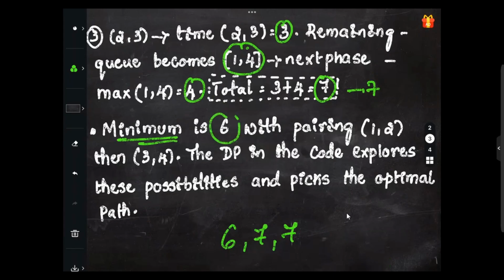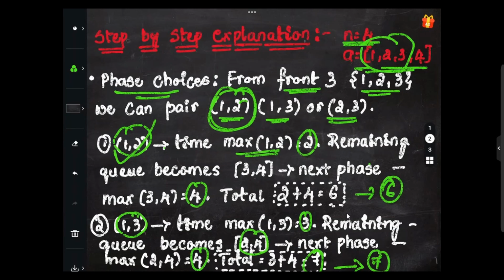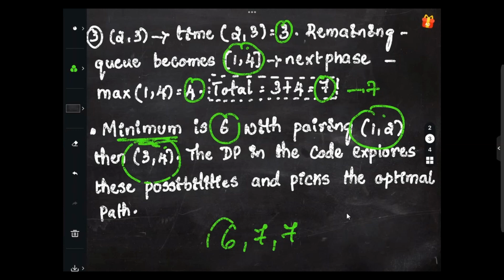The minimum is 6 with the pairing 1 comma 2 and 3 comma 4, where for the remaining we considered 3 comma 4, right?